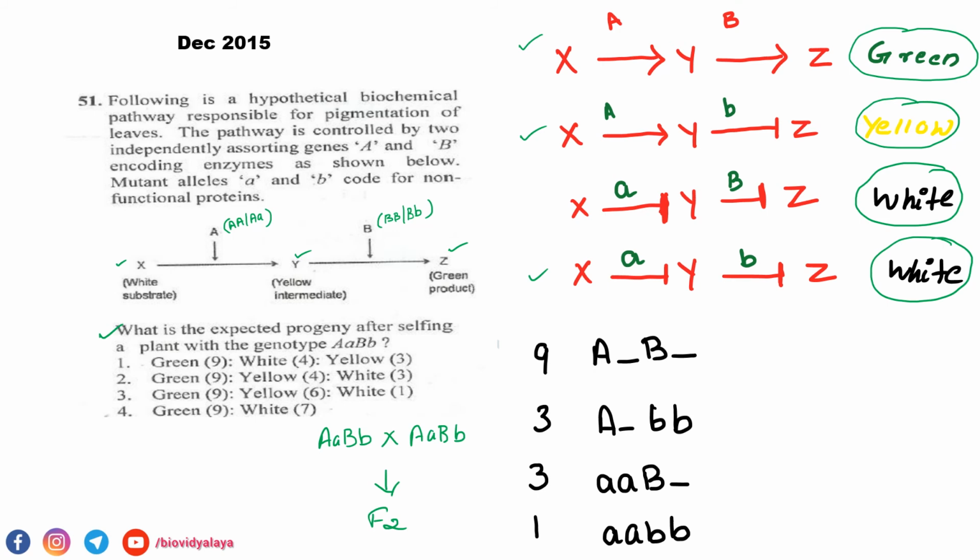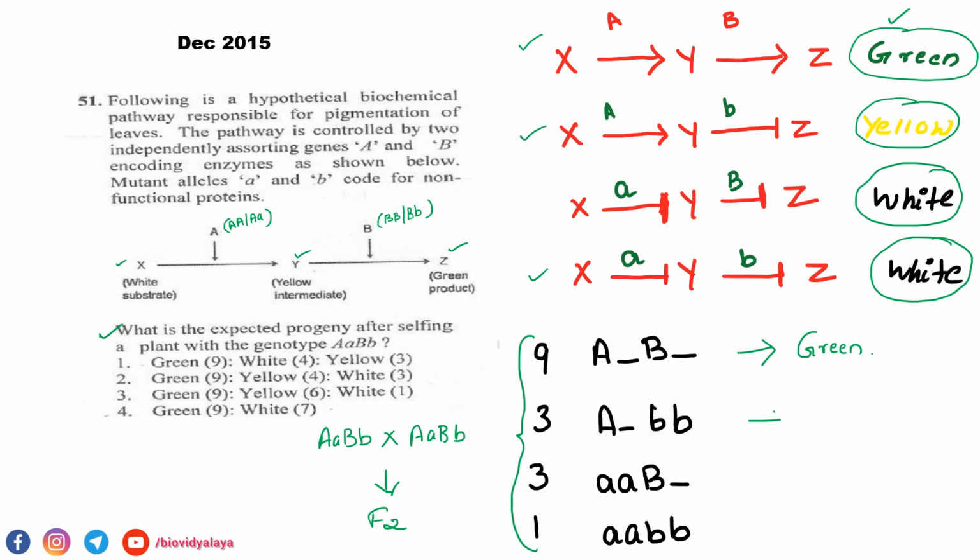And these are the general genotypes. Here you can see that both A and B are in dominant form. So here we will get the green color phenotype.